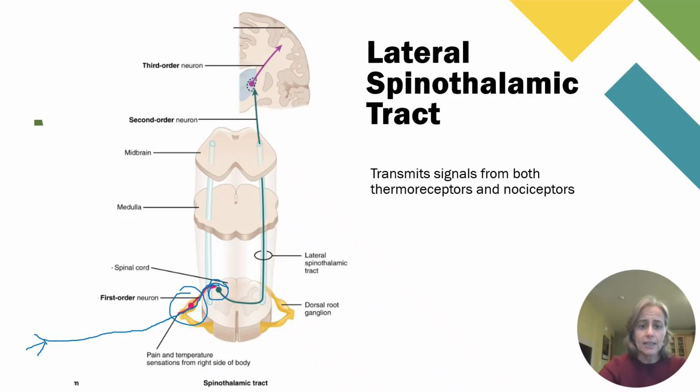Then my axon is going to decussate, cross to the other side, and ascend, go up through the spinal cord in the lateral column in the lateral spinothalamic tract. It's going to go all the way up then to the thalamus, which is where I find my third order neuron, which is then going to send the signals out to the somatosensory cortex.